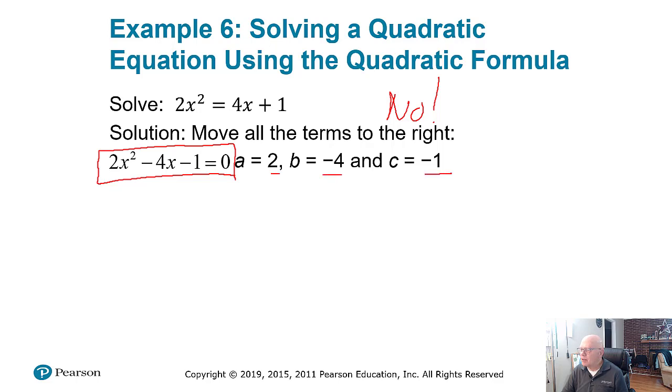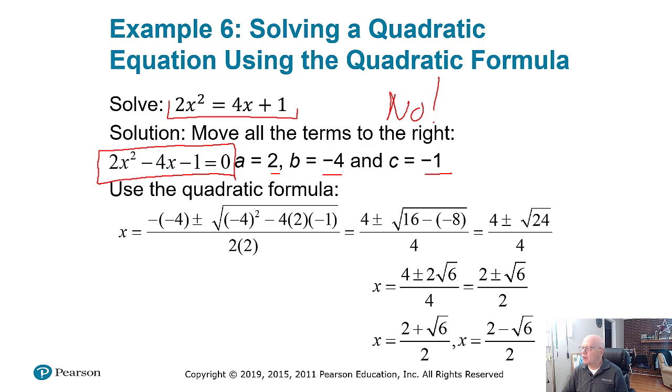Notice these are not the numbers you saw up here because you didn't have the 0 yet. And put those in the quadratic formula down here at the end. When you get to this point, write it down with a plus, write it down with a minus, and you got your two answers.